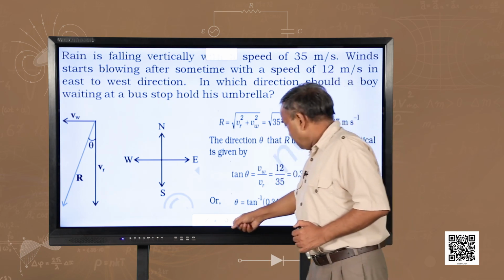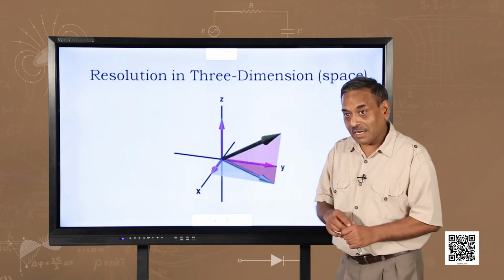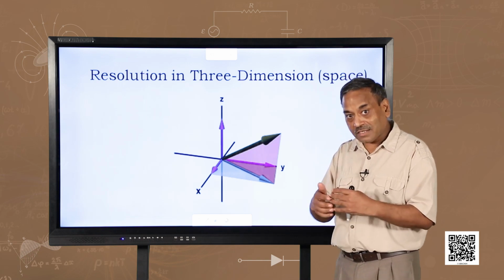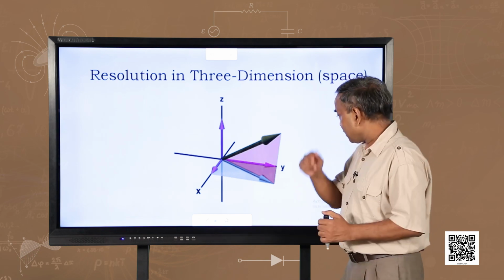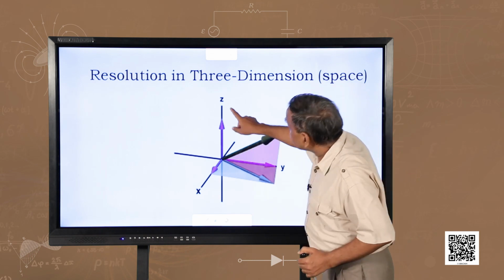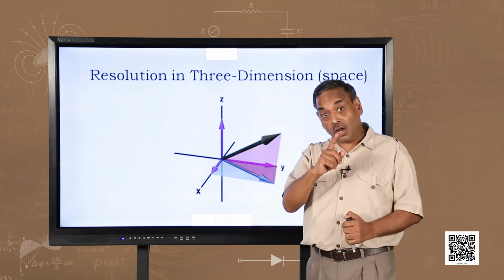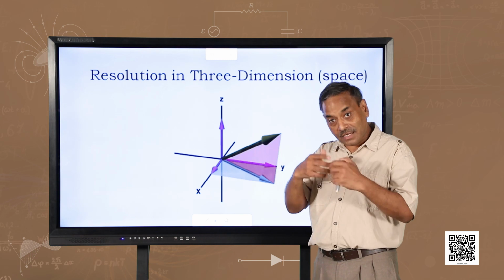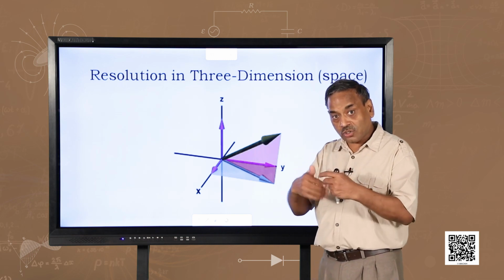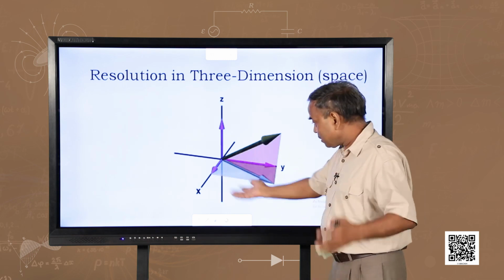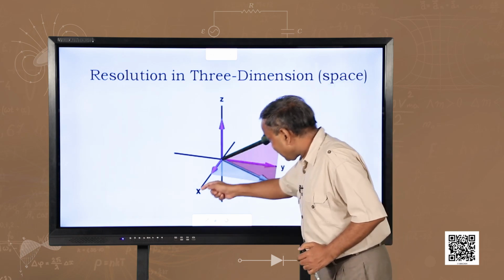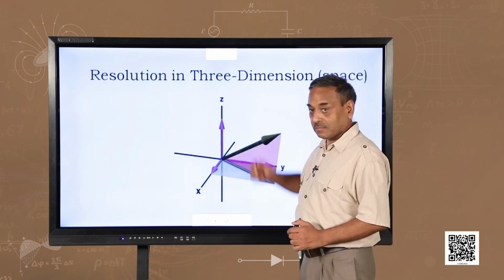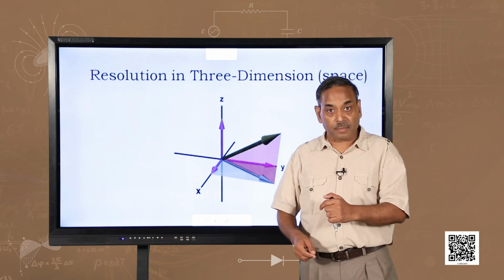Well, now, as I said, I will be telling you the resolution of vectors in 3-dimensional space. This is the diagram. You recall that in the beginning I also said, repeated it sometimes, that the choice of axis is always yours. Now, I have taken a different axis system, x axis in this direction, y in this, z in this, all perpendicular to each other.